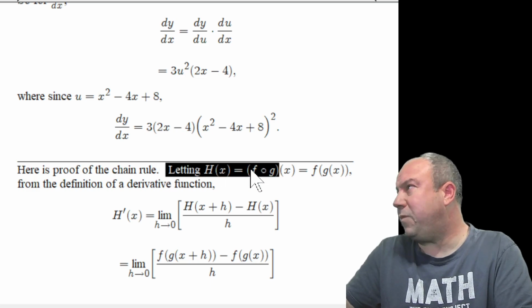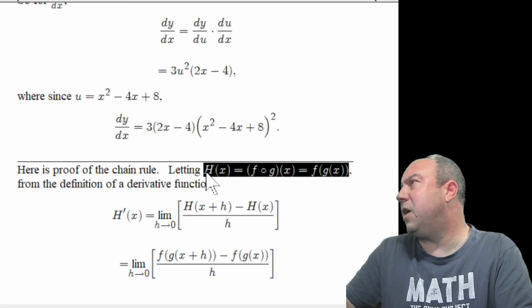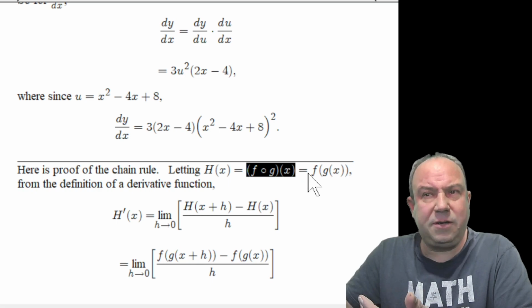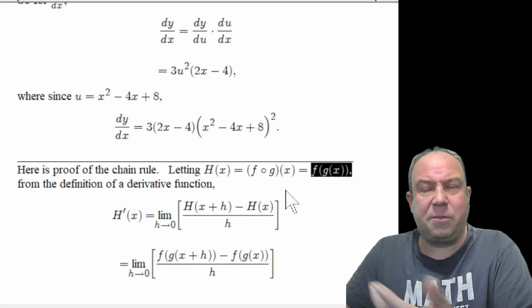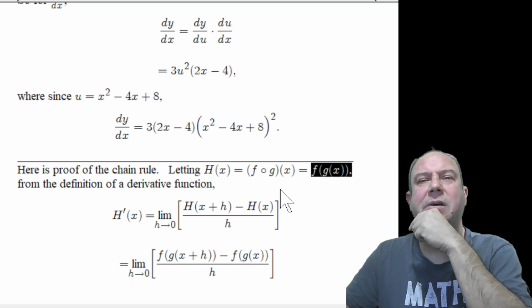So the way this begins, right, is we do establish a grand function h of x to be the composite of two others. We call f and g, right, the composite of f and g of x, the two from our definition or the theorem.